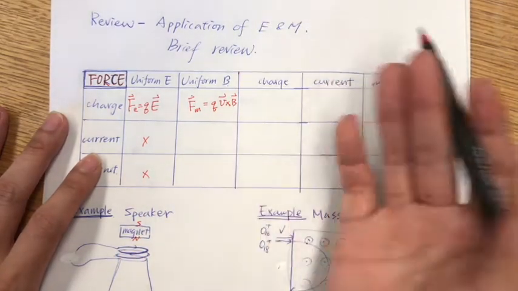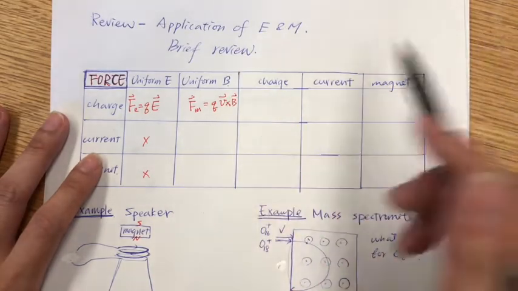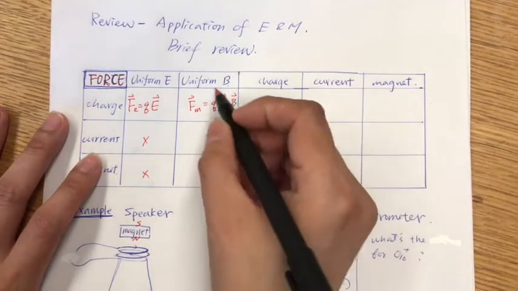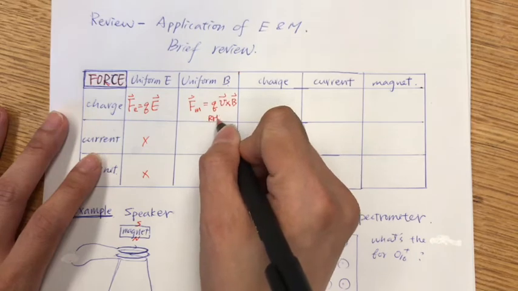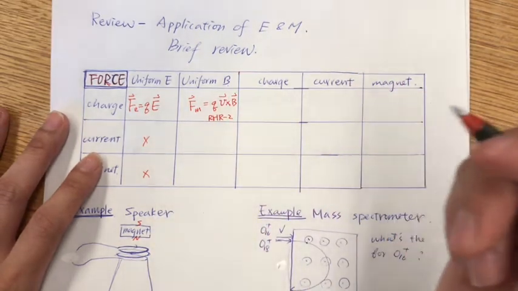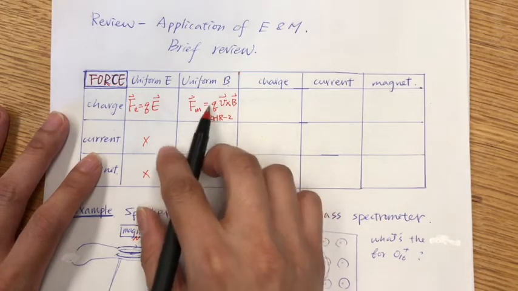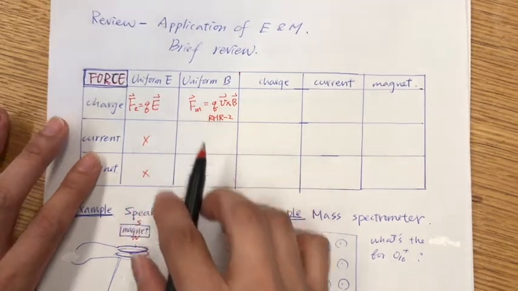If there's an angle, you have a sine theta. If the angle is 90 degrees, then just QVB. And you will use right-hand rule 2. Right-hand rule 2 is for force. Right-hand rule 1 is for field. We will use right-hand rule 2 to determine the direction of force.